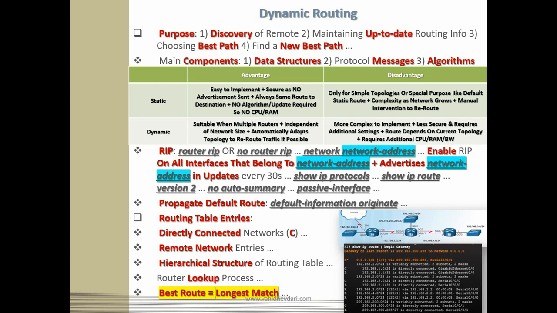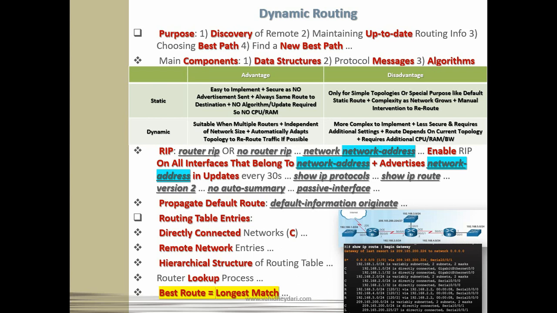What are the purposes for dynamic routing protocols? Firstly, discovery of remote networks. Secondly, maintaining up to date routing information. Thirdly, to choose the best path to destination networks.